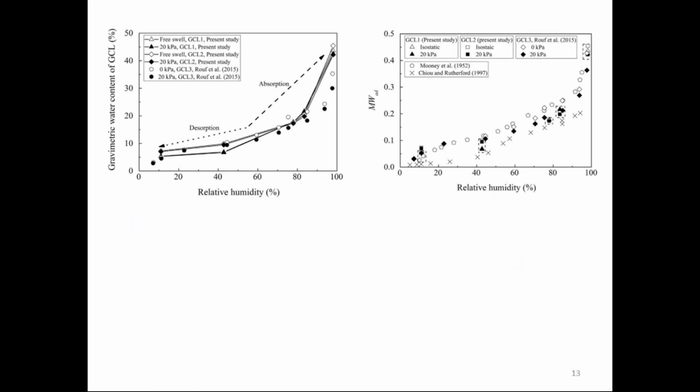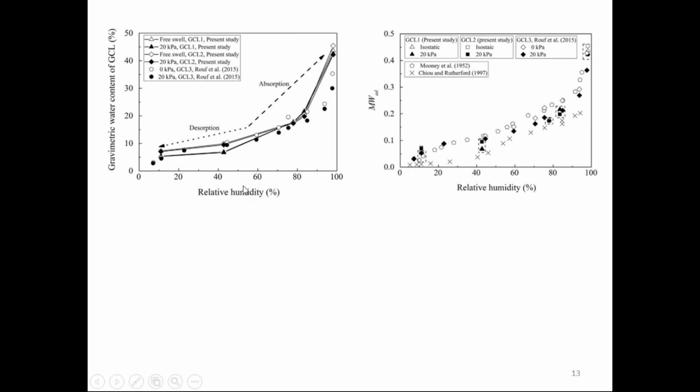So the present test results are compared with the results that are available in the literature. It is observed that the present test results were in good agreement with those available in the literature, and it is also observed that there is a particular RH above which the absorption phenomenon takes place, and below that the desorption phenomenon takes place.